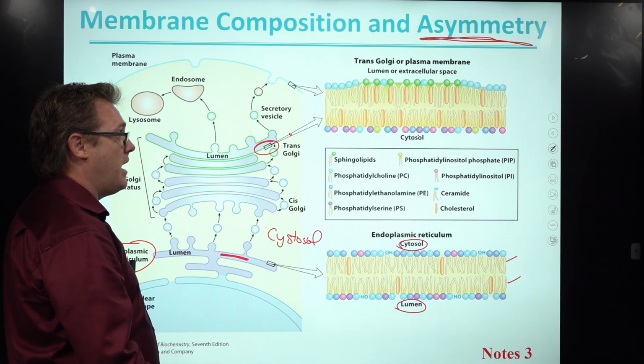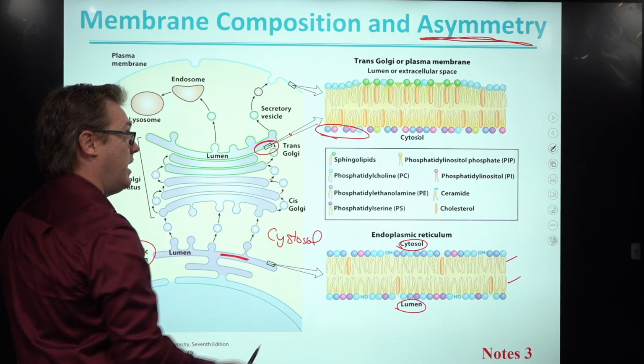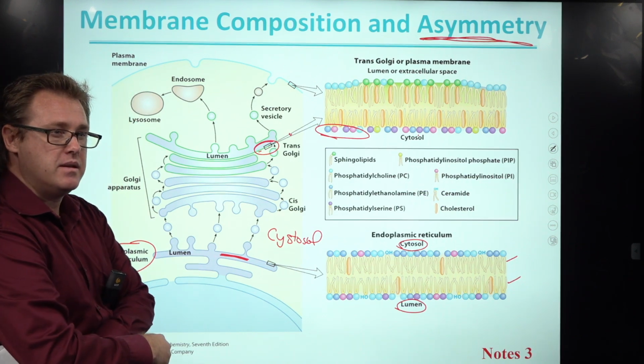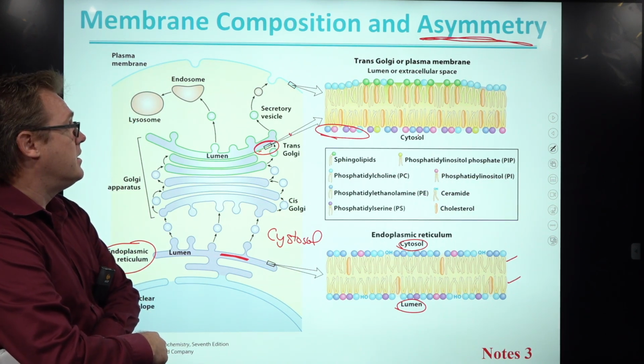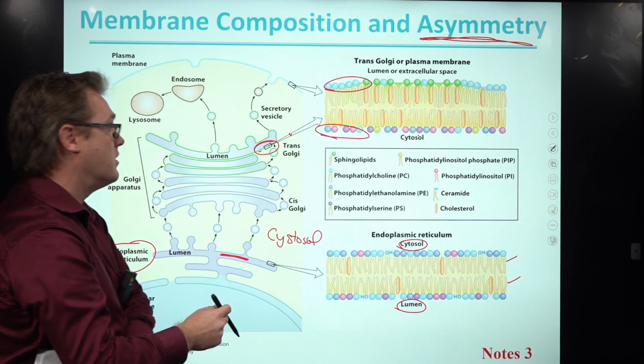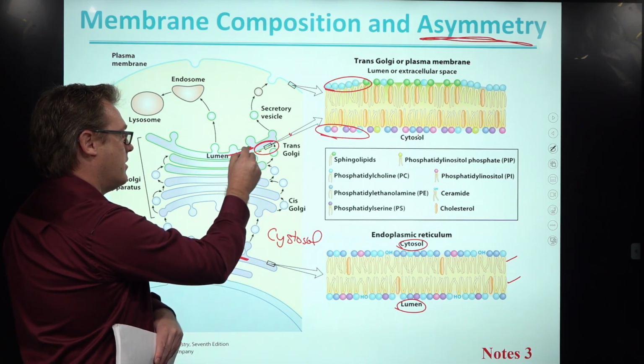So these lipids right here are on the cytosol side of this green line right here. And then these lipids right here, where are those? Those are inside the lumen, in this space right here.